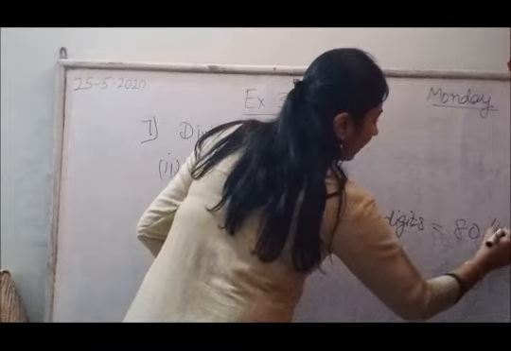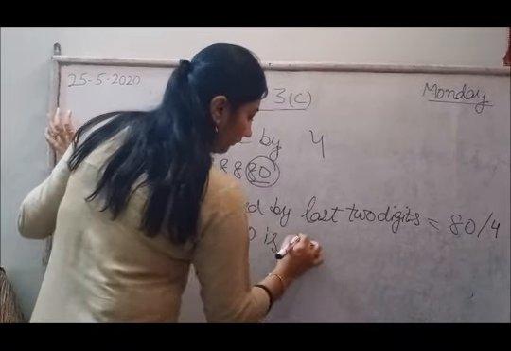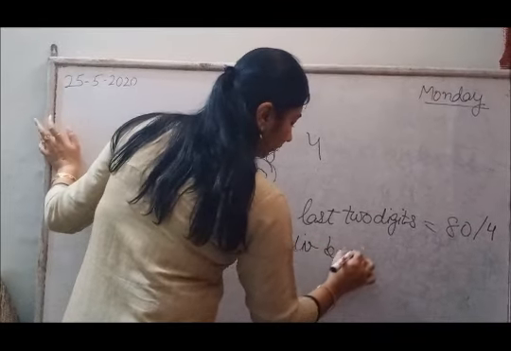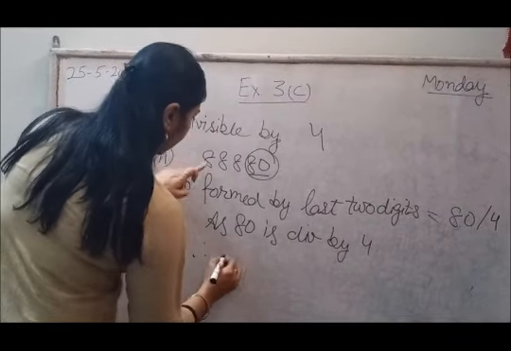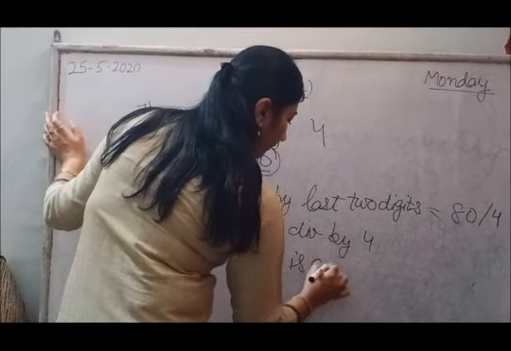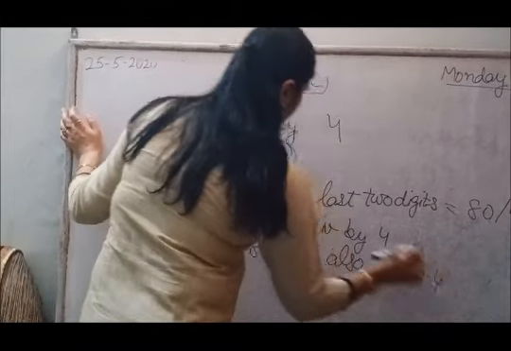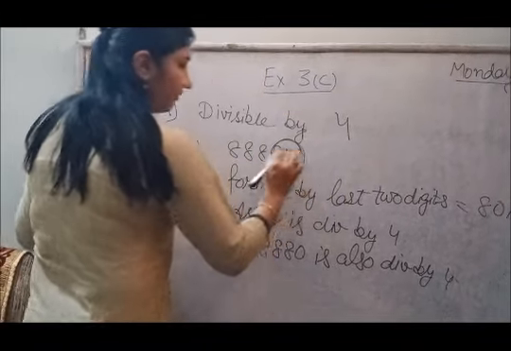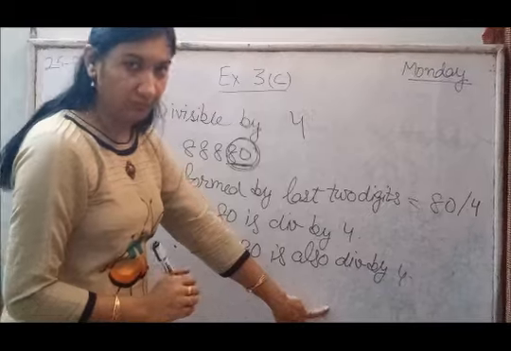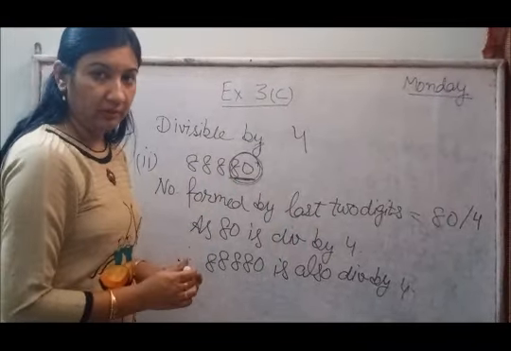Yes. As 80 is divisible by 4, therefore the given number is also divisible by 4. It means if the number formed by the last 2 digits is divisible by 4, then the number will be divisible. If it is not divisible, then the number will not be divisible.